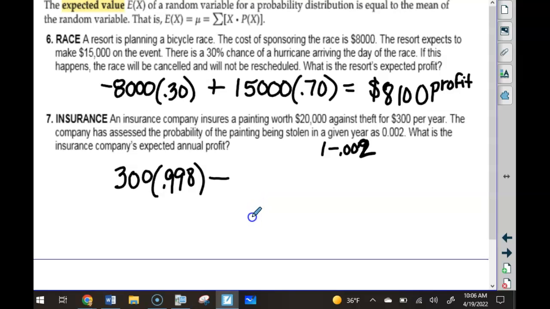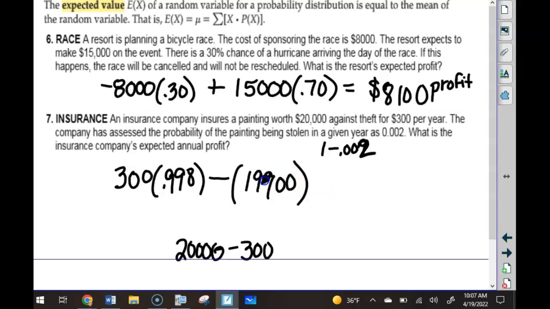How much would they lose though? It's not $20,000. Does anybody know what they would lose? You got the right idea. Yeah, we need to take off. It would be whatever 20,000 minus $300 is. So 19,700. Yep, I can't subtract either.